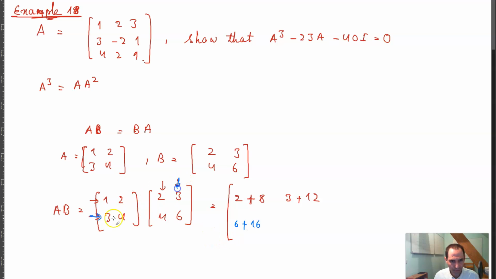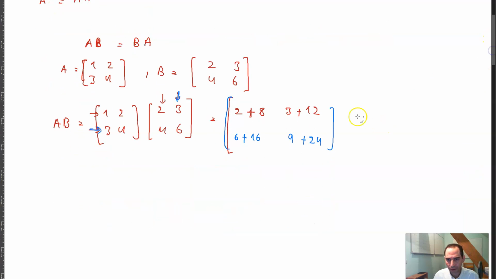And then 3 times 3 is equal to 9, and 4 times 6 is equal to 24. That is equal to 2 plus 8 is 10, 3 plus 12 is 15, 6 plus 16 is 22, and 9 plus 24 is 33. So that is A times B.